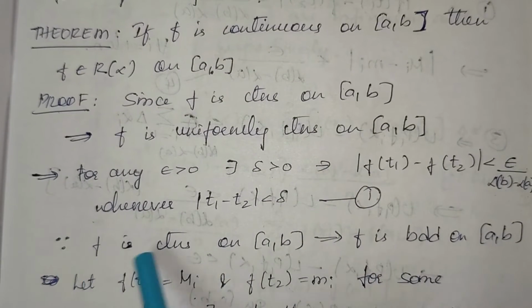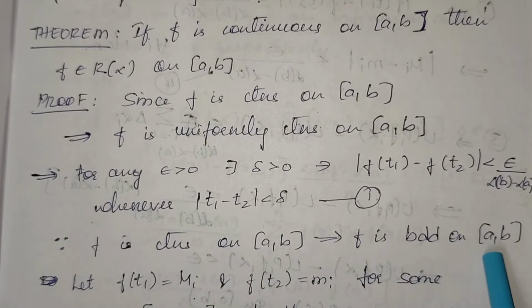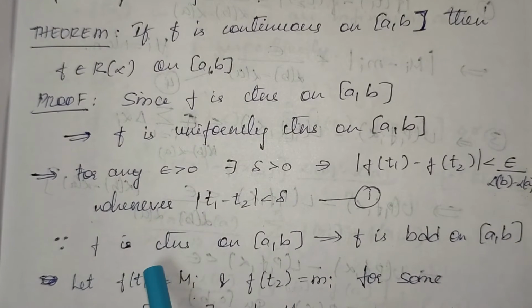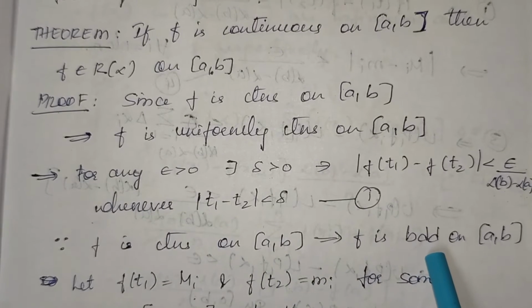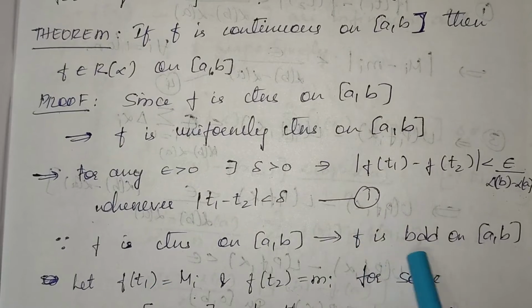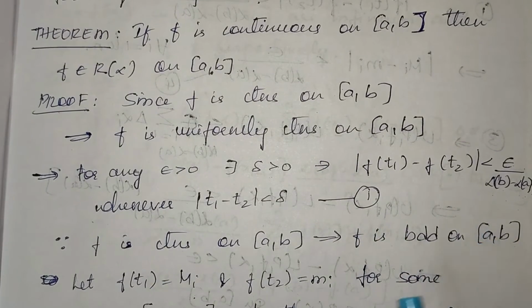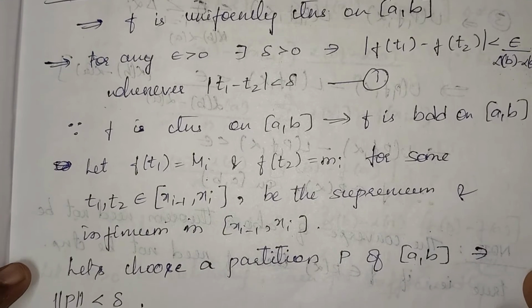And since f is continuous on the closed interval [a, b], it is bounded on [a, b]. So any function which is continuous on a closed interval is bounded on that interval. Now if it is bounded, then the supremum and infimum exist.